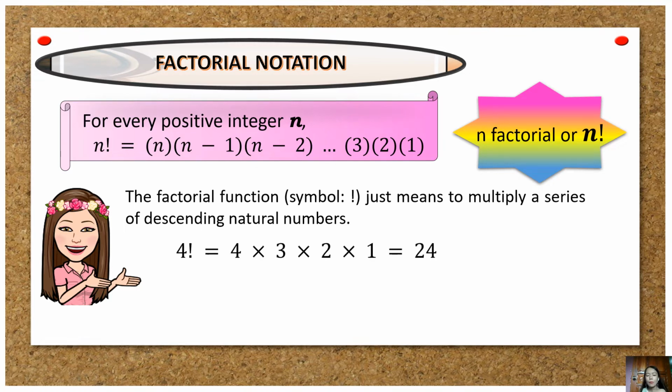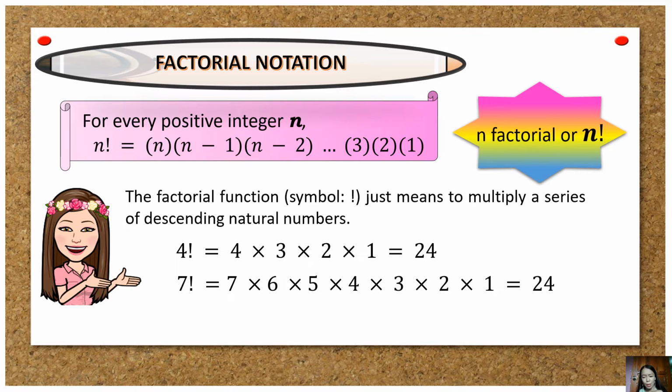For example, 4 factorial is equal to 4 times 3 times 2 times 1, which is equal to 24. Same with 7 factorial, and that is 7 times 6 times 5 times 4 times 3 times 2 times 1. Or 1 factorial is 1. Same with 0 factorial, which is also equal to 1.